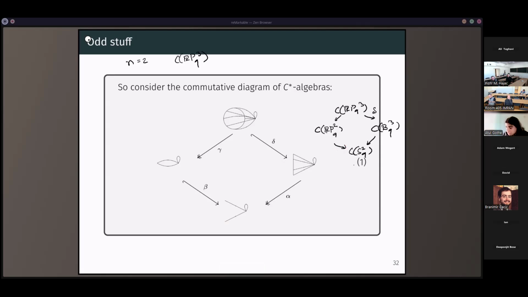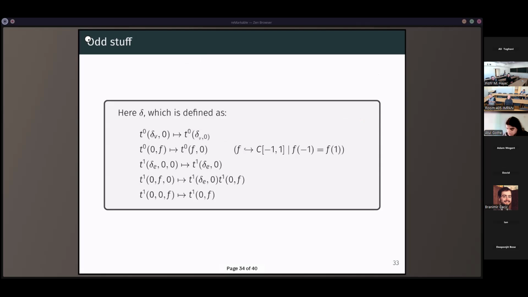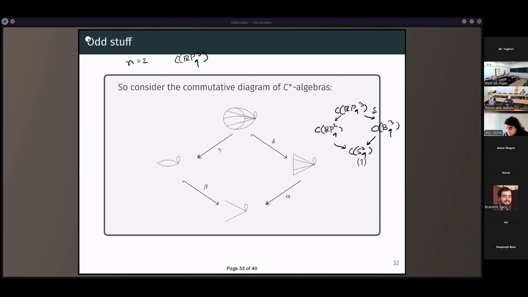So it kind of is expected that this map will not be either. So this delta map is essentially, if there's a function f on the circle, we map it to a function on the interval. S1 is isomorphic to [-1, 1] with the endpoints identified.